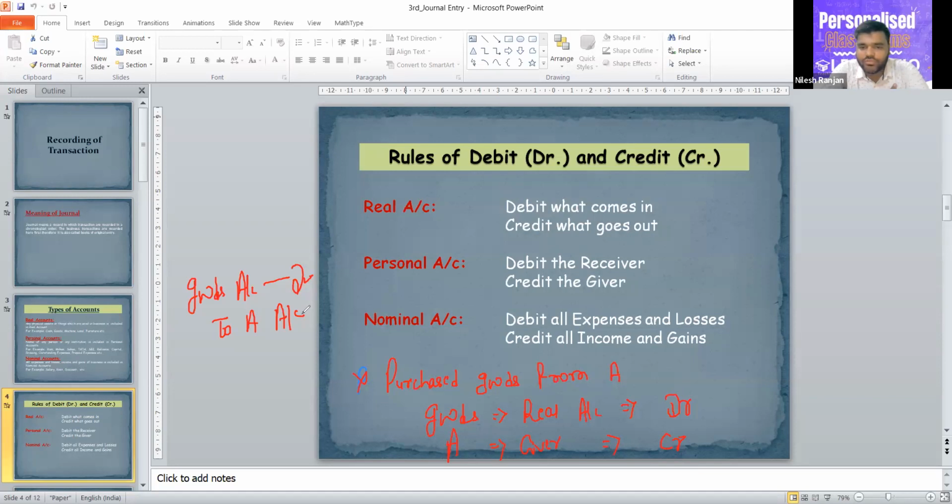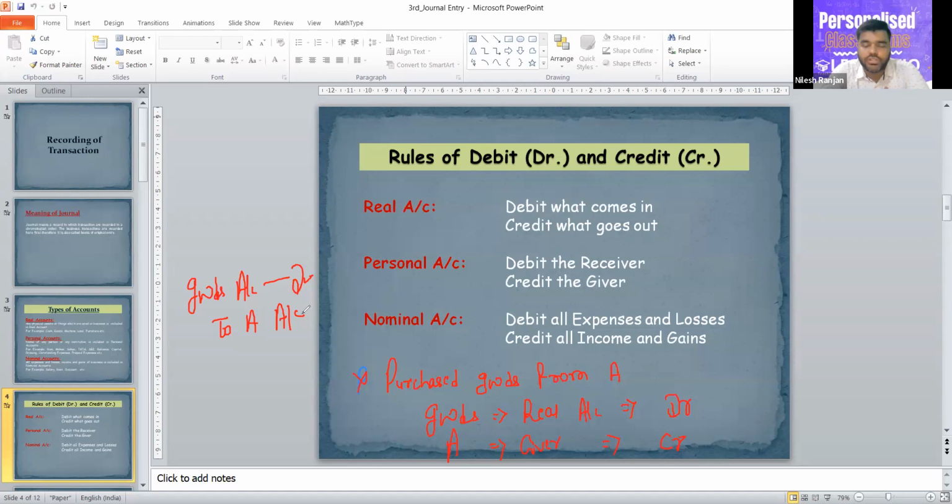We have to write only those names who belong to us. In this situation, we are taking a loan from A, we are receiving money from A. So in this case, A is not our debtor.